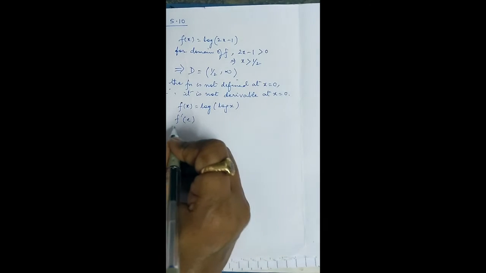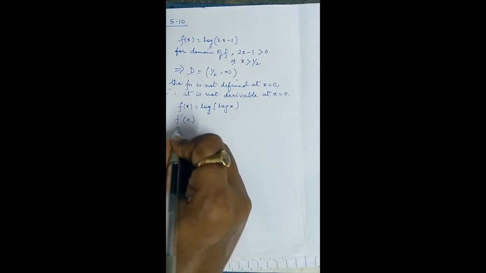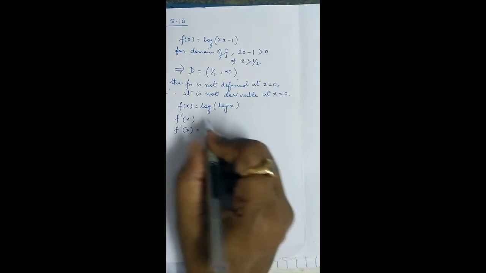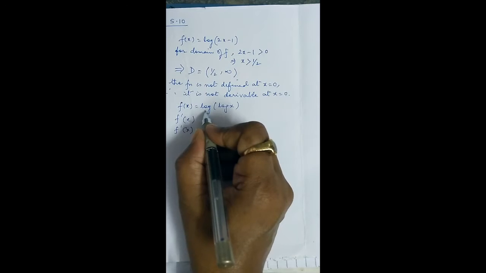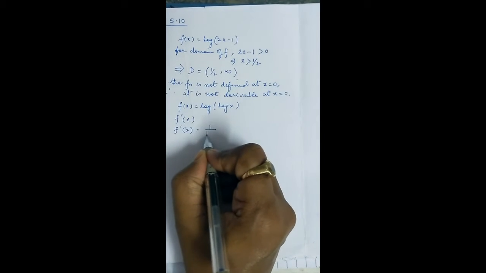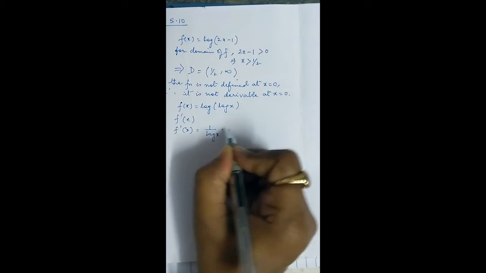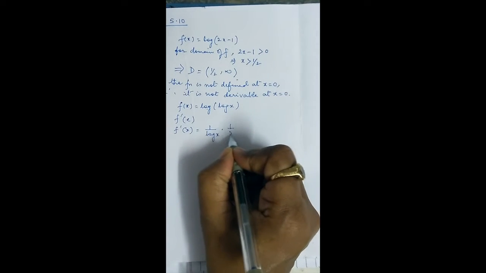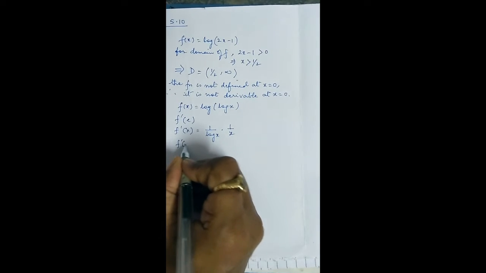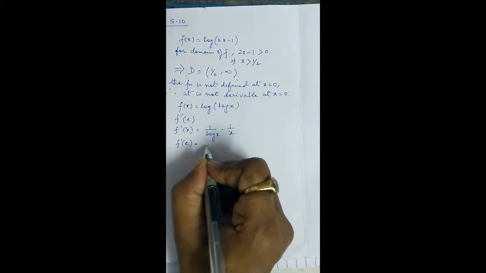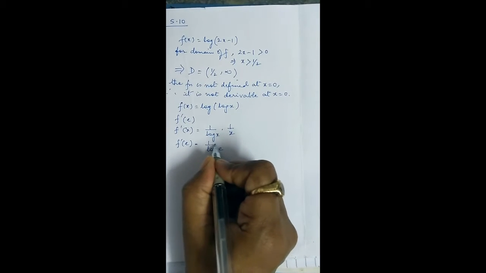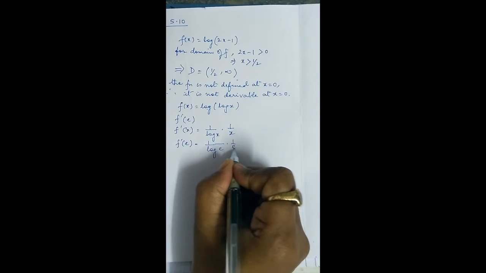First let's get f dash x. Using my chain rule, starting from outside, first for this log it would be 1 upon log x, going inside, 1 upon x. Now f dash e would be 1 upon log of e into 1 upon e.